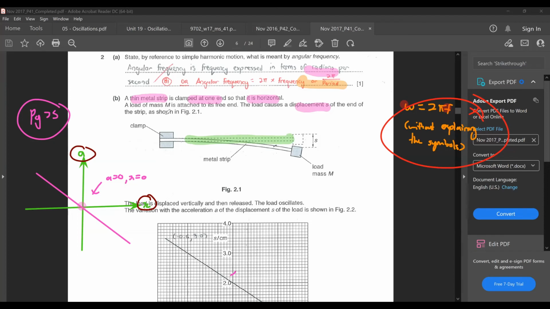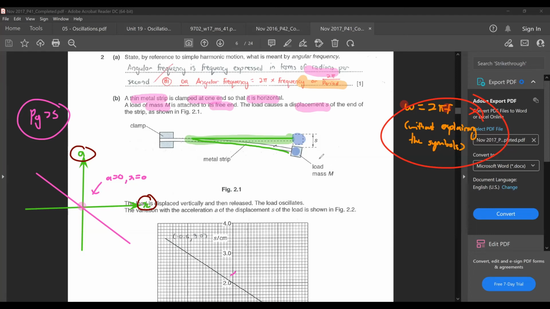But then you attach a mass at the free end, and that mass causes your beam to bend. So while originally it was like this, it has now bent like this as a result of you applying your load here.